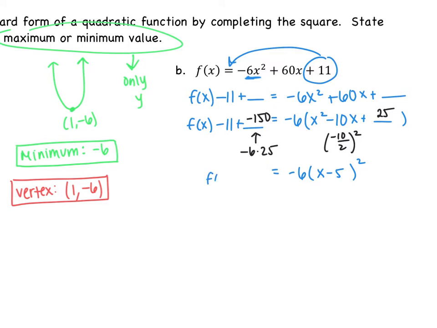On the left side, if I combine the negative 11 and the negative 150, I get negative 161. So then lastly, move that 161 back, and we get f of x is equal to negative 6 times the quantity x minus 5 squared, add 161.